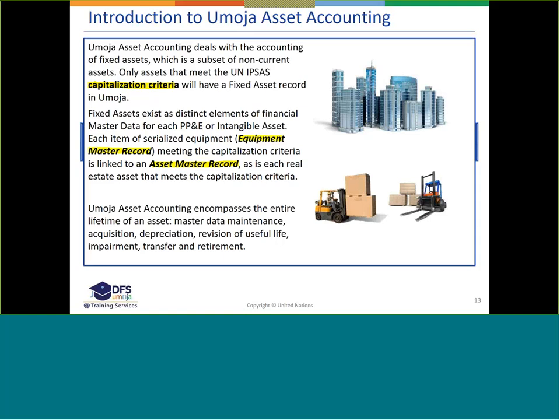So this asset master record has integration with other modules. The asset accounting module is used to maintain the asset master record and support the whole process from acquisition, depreciation, useful life, impairment, and transfer. Nothing new, I already mentioned this in the first slide.